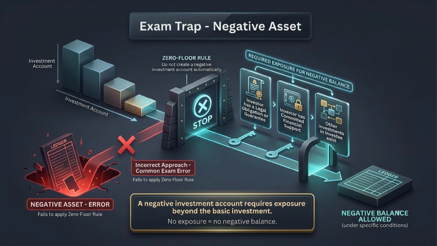Under ASC 323, stop loss recognition at zero unless the investor has a legal obligation, guarantee, committed financial support, or other investments in the same investee that can absorb additional losses. A negative investment account requires exposure beyond the basic investment. No exposure means no negative balance. The investment account is not a black hole, it has a floor.